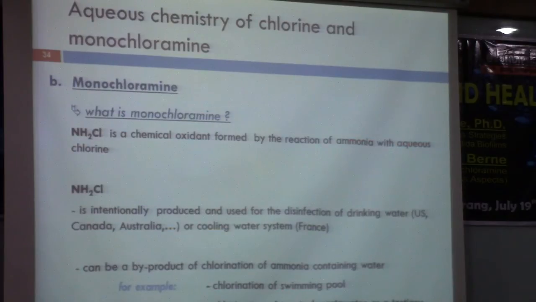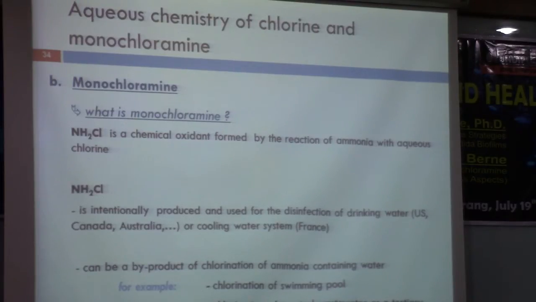So what is monochloramine? Monochloramine is a chemical oxidant produced by the reaction of chlorine on ammonia. It can be produced intentionally to do a treatment, for example, for drinking water in the US, Canada, Australia, or for the disinfection of cooling water, for example, in France.